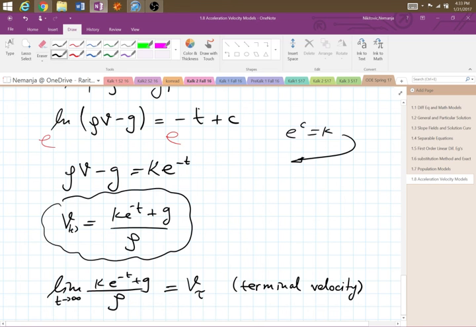Technically, that's it. There's another application on page 95 for rocket propulsion.